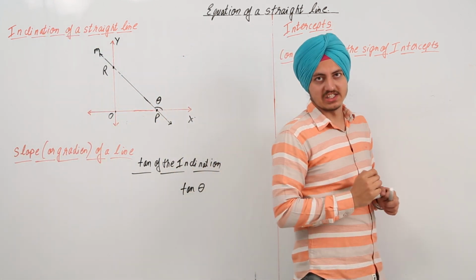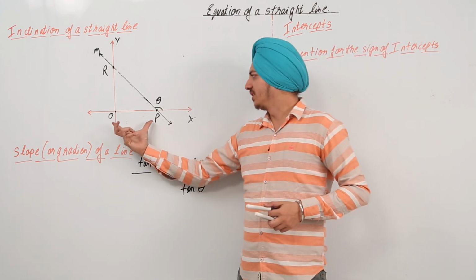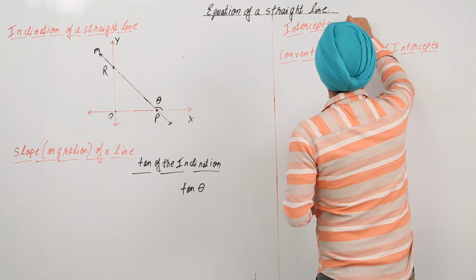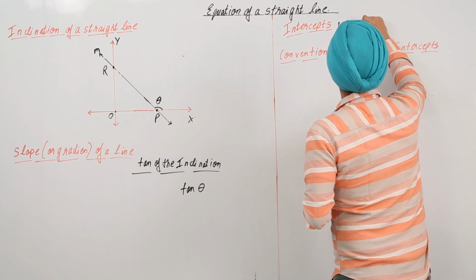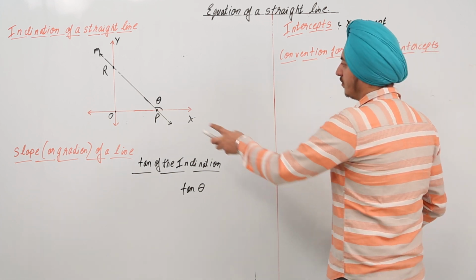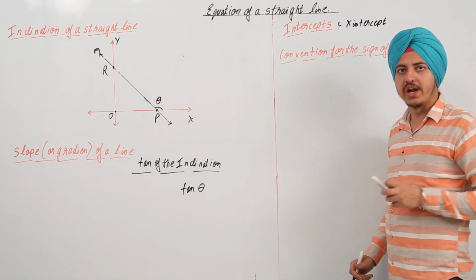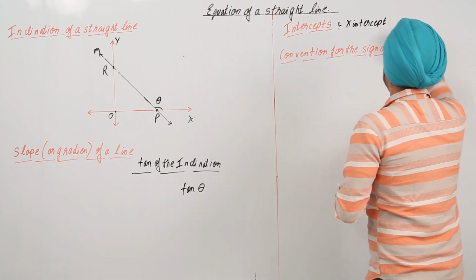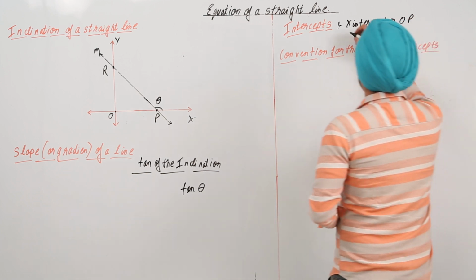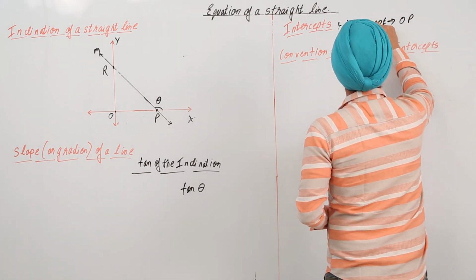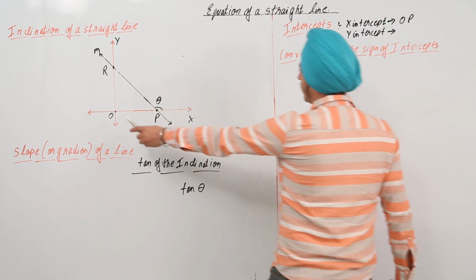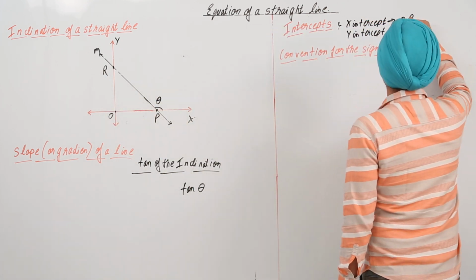Now what are intercepts? Intercepts are the length of this and this. So there are two intercepts. X-intercept is the distance from the origin to the point where the line meets the x-axis. So that is the distance OP, okay? And the y-intercept is, in the same way, the distance from the origin to the point where the line meets the y-axis.